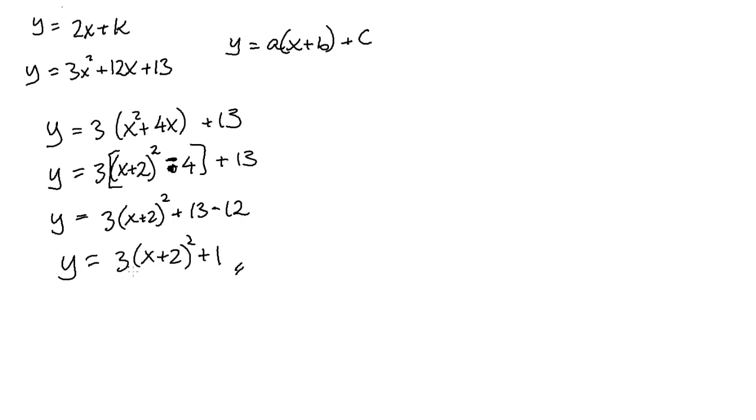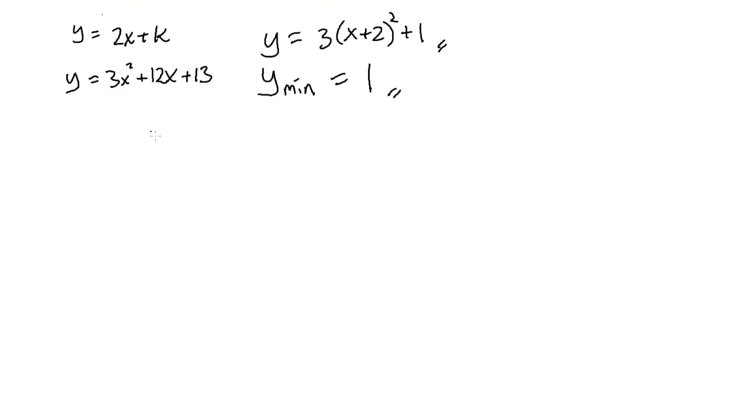Therefore 3 times 0 plus 1, so the minimum y will be plus 1, and therefore the y value will never be under 0, and therefore it cannot go below the x-axis.